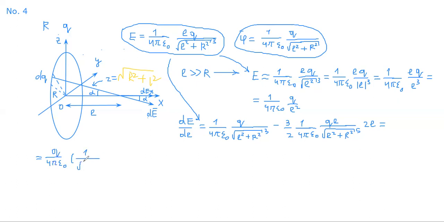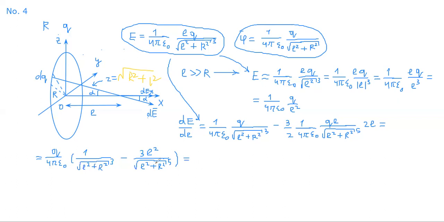1 divided by the square root of L squared plus R squared, minus 3L and the square root of L squared plus R squared to the power of 2.5, and from here we can make the mutual denominator.